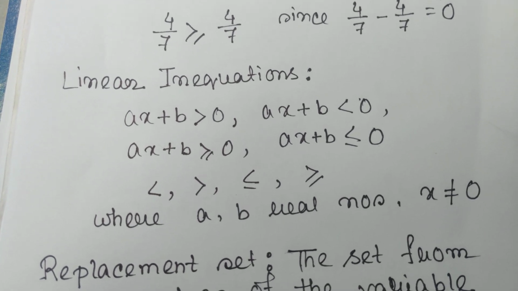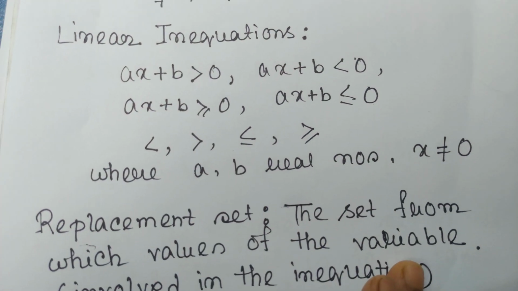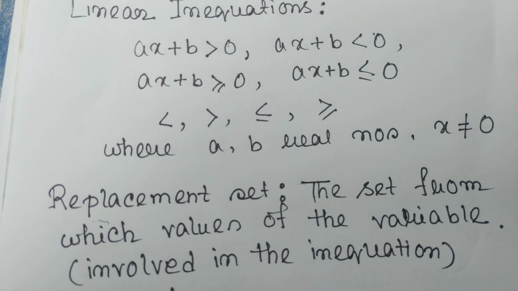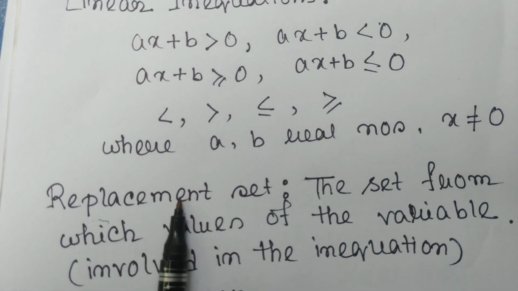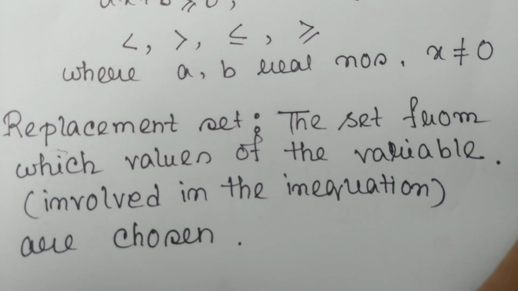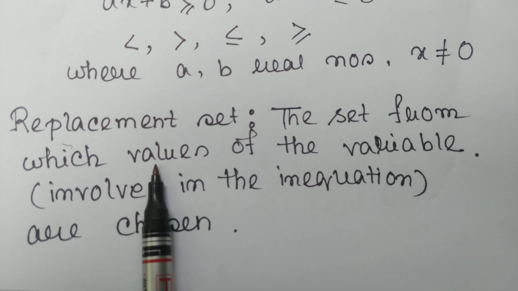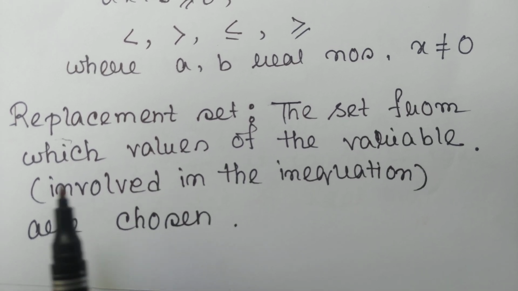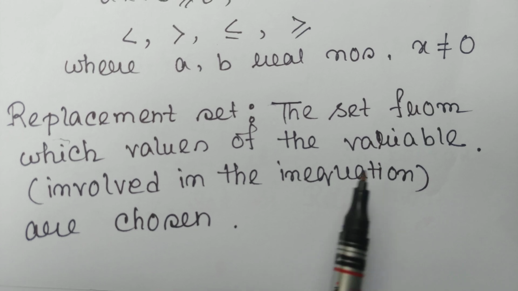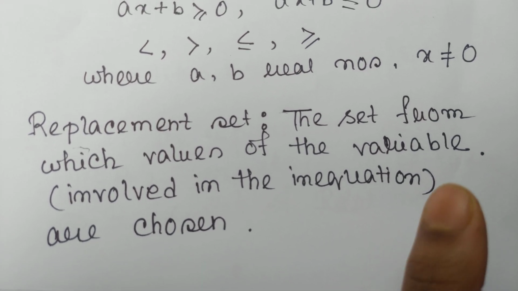Now to solve a linear inequation, you have to learn two kinds of set. One is the replacement set and another is the solution set. Now what is the replacement set? The set from which values of the variable involved in the equation are chosen. When I give you the example, you will be clear about it.